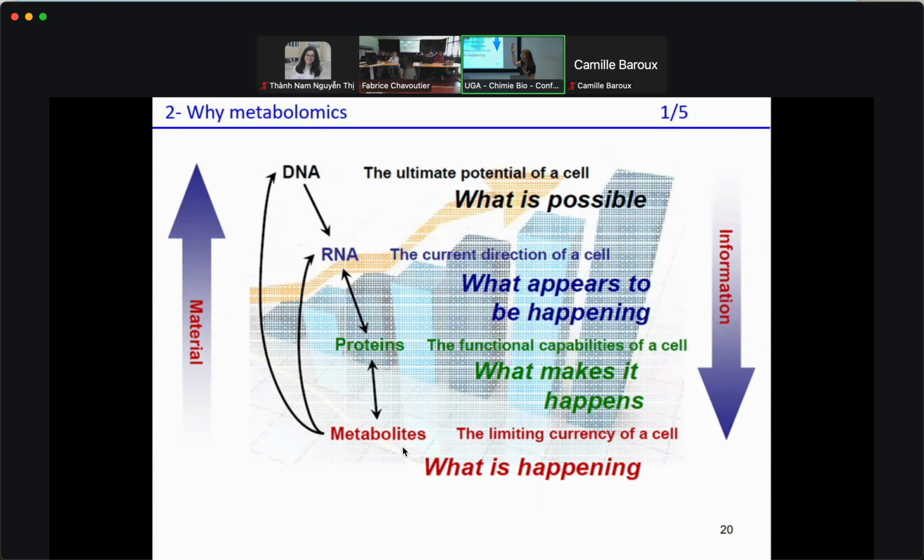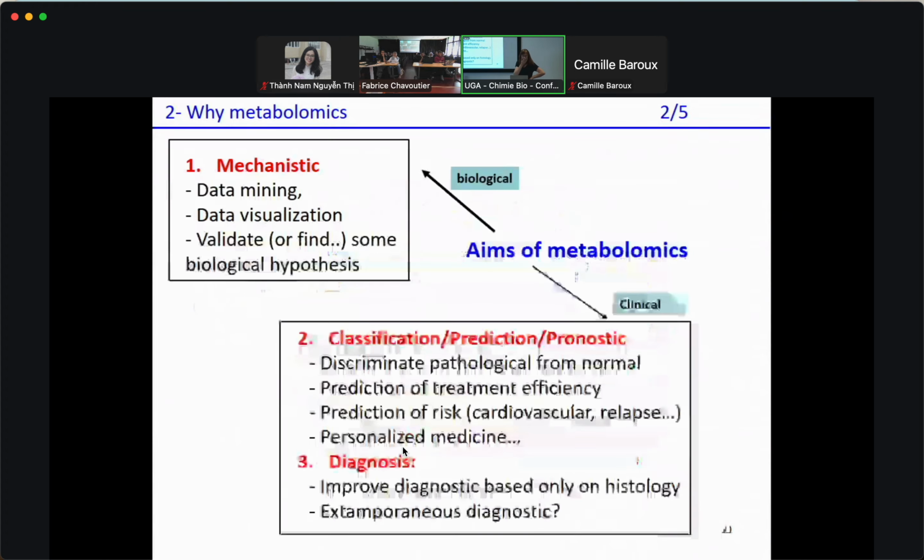So there are an increasing number of papers in the scientific literature about metabolomics in different fields, in neuroscience, in cancer, in cardiovascular risk, etc. We say that there are mainly three domains in which metabolomics is used.